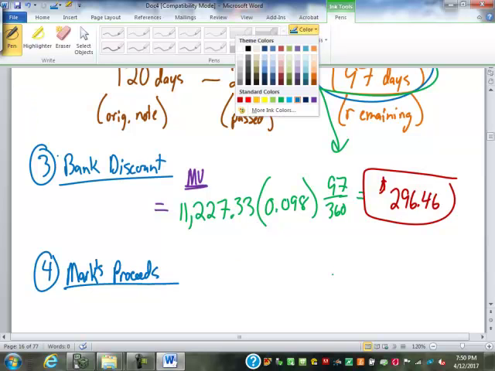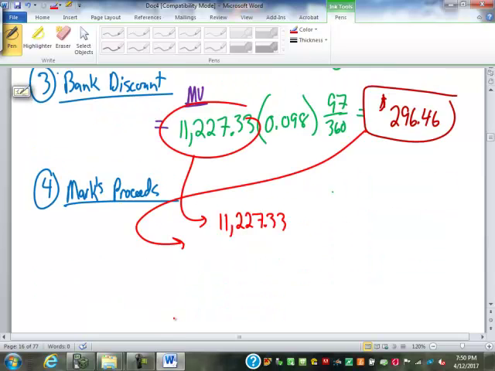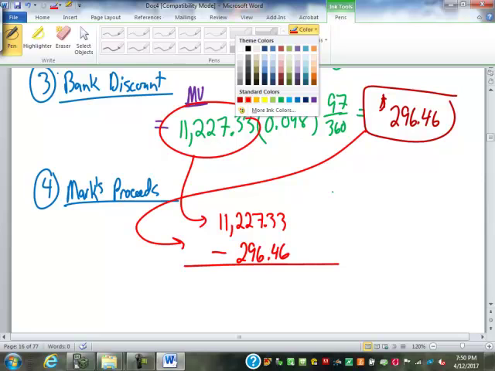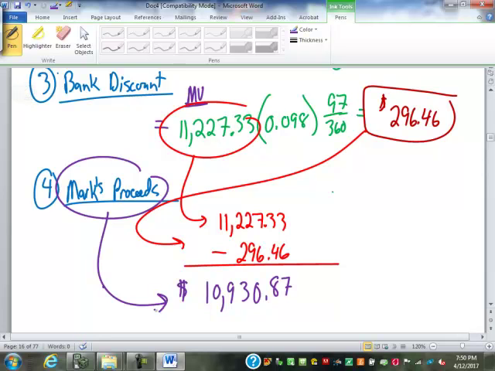Mark's proceeds is going to be the face value of the SDN, that's this amount, minus the discount, which is going to give us $10,930.87. So Mark's proceeds is $10,930.87.